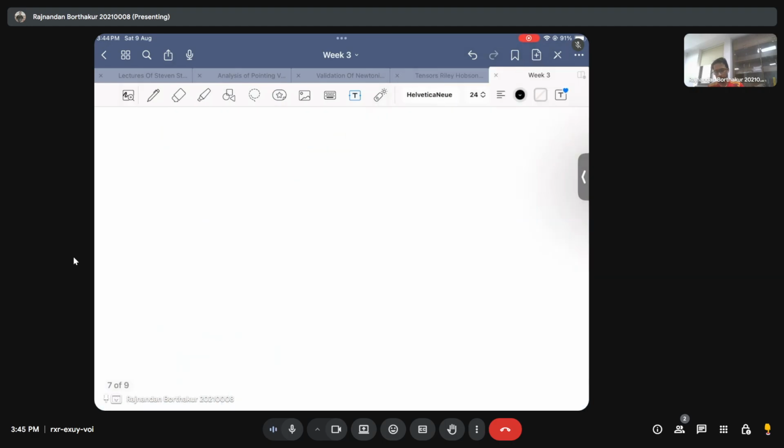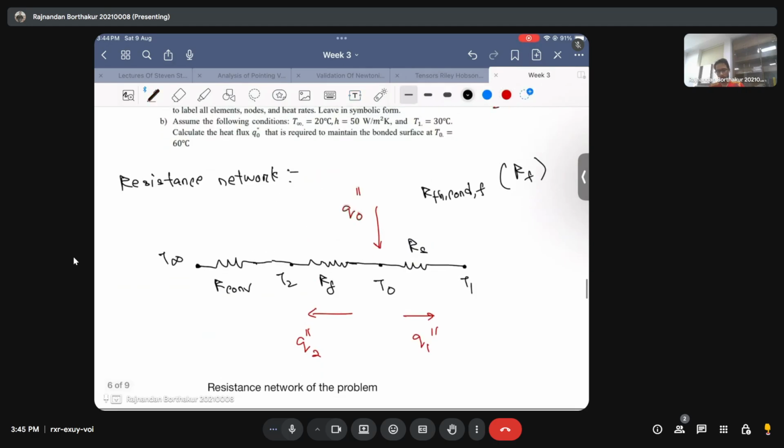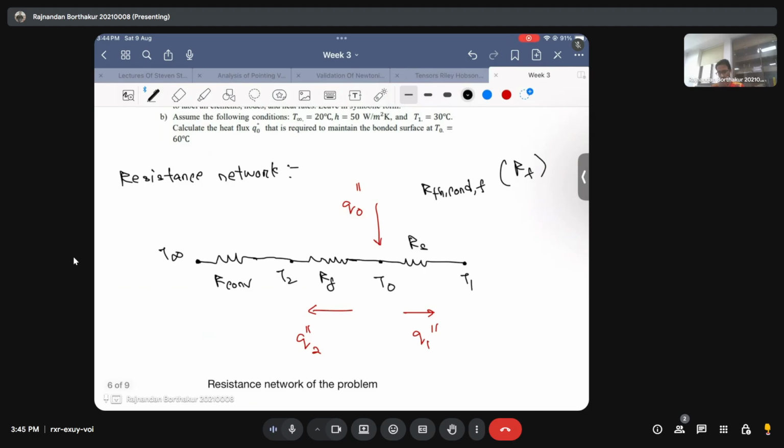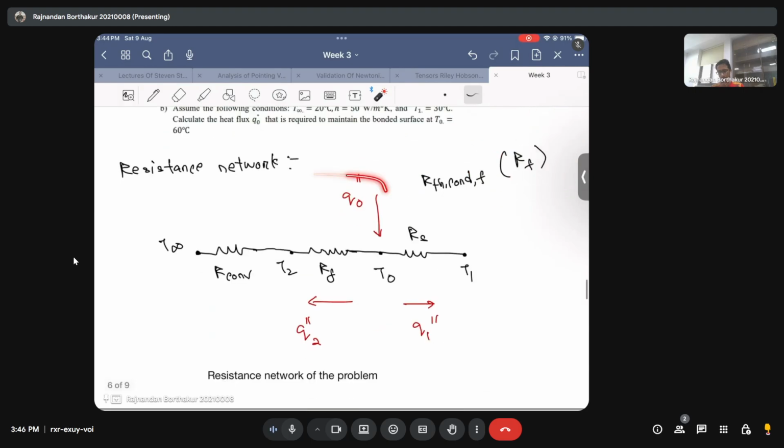Okay, and you have answered part A of this question, in which they have asked you to just show the thermal circuit representing the steady state heat transfer situation. And this is indeed your thermal circuit for this problem.